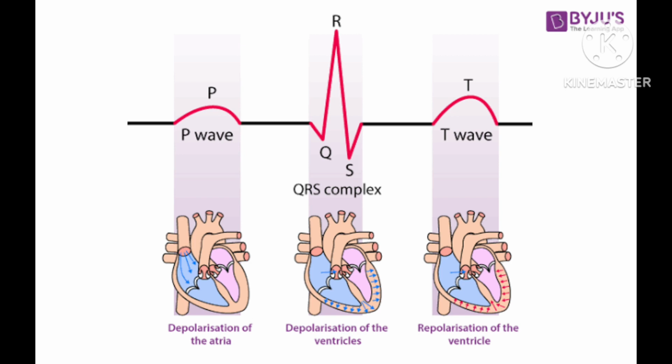Okay. Now I want to tell you about the normal ECG wave. In an ECG report you might have seen that it is always in the form of a wave, sometimes up, sometimes down, correct? Then what does it mean? I will not go into details, but one should have an idea.